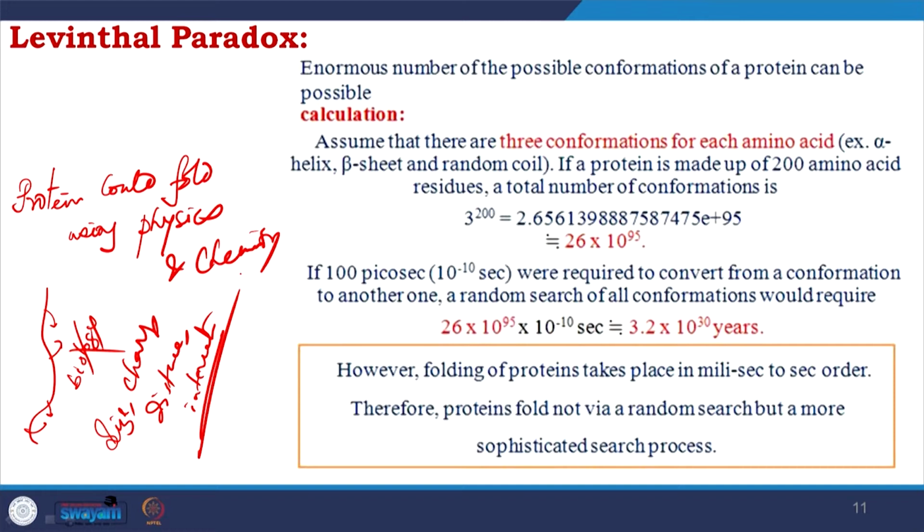So, what Levinthal proved is that protein folding is not a random phenomenon. The protein is not randomly searching for a stable interaction and then finding a stable interaction. Rather, it is a sophisticated search process. It is a thermodynamically driven process.